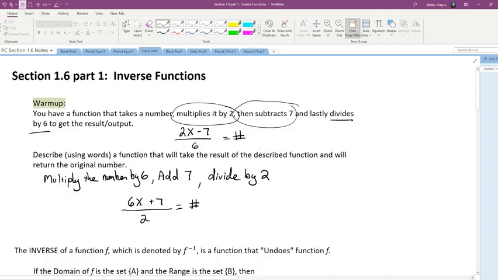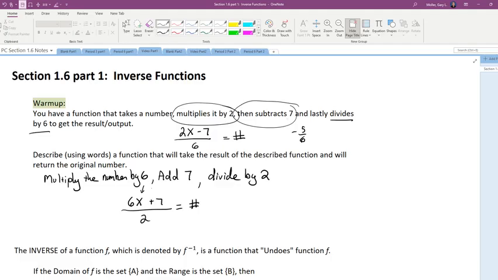So let's see. It doesn't really matter, I guess. Let's pick 1. 1 times 2 is 2. 2 minus 7 is negative 5. Negative 5 divided by 6 is negative 5/6. If I now take negative 5/6 and I plug it into here, if we've done this correctly, it'll undo all the steps that we did to the number, and it'll give us what we started with, which I believe was 1.